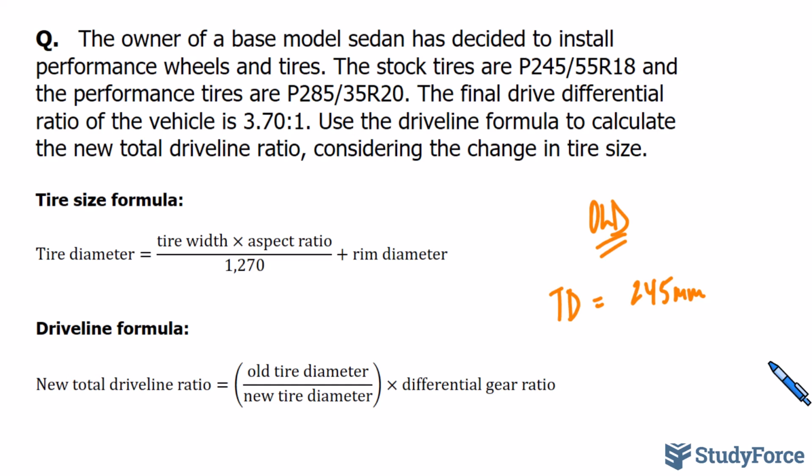So we'll simply take 55 as it is and multiply it to 245. Then we divide it by 1,270, which serves as a conversion factor to inches. And the reason why we convert it into inches using this conversion factor is because the rim diameter, also stated in the tire size, is in inches. So we'll be adding to this 18.